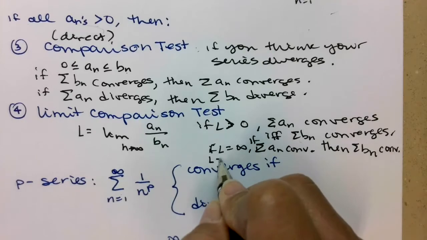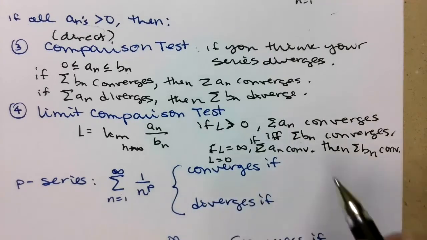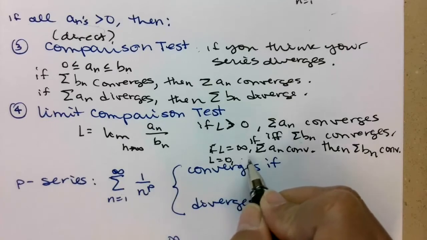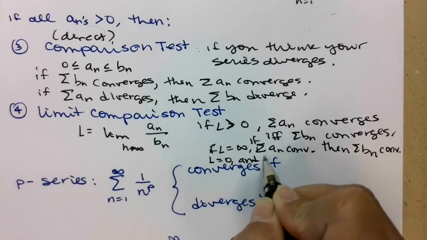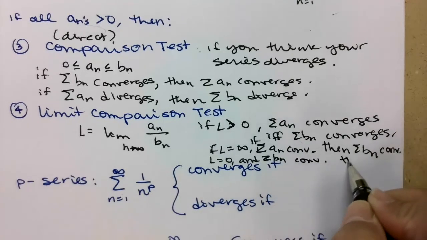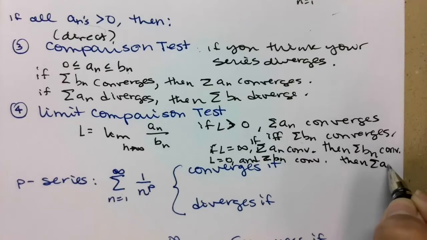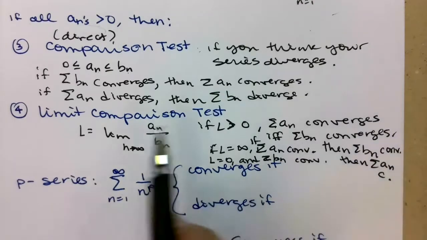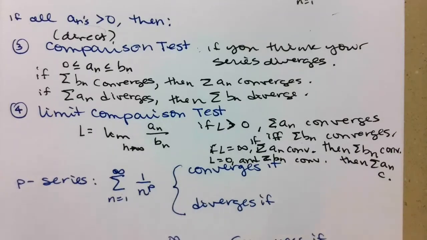And if the limit equals 0, so we're doing all of the cases here, and b sub n converges, then a sub n converges. You can see the limit comparison will only help us show something converges.